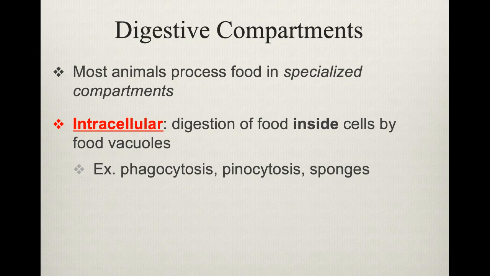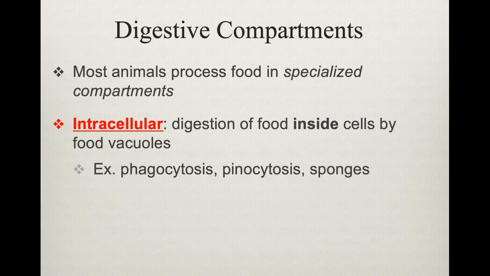So the cell engulfs the food. The way that I think of it is like Pac-Man, Pac-Man moving around eating all those little dots, and Pac-Man being the cell. So Pac-Man, or the cell, engulfs solid food. With pinocytosis, it's the same thing, Pac-Man, but instead of solid food, it would be liquid.